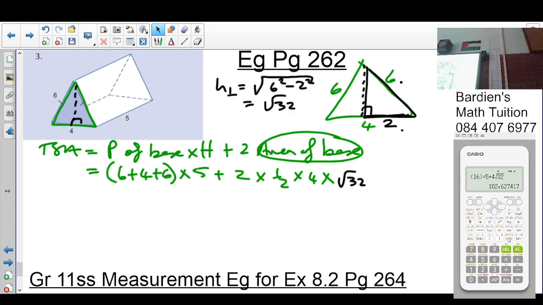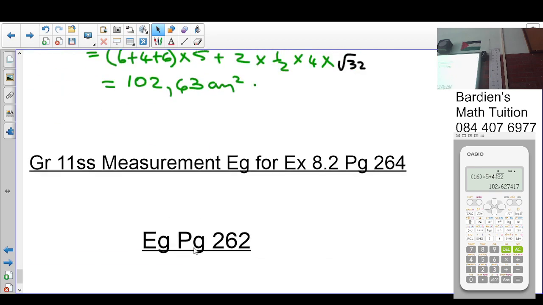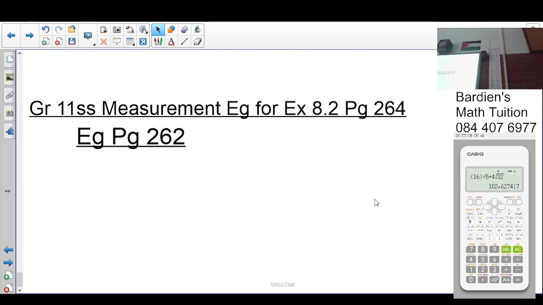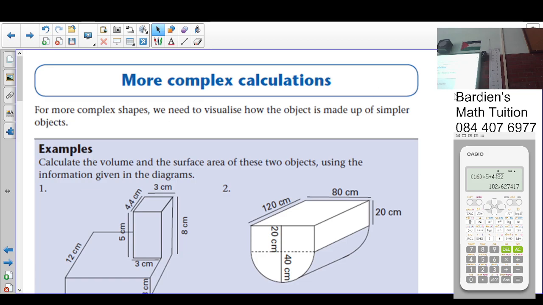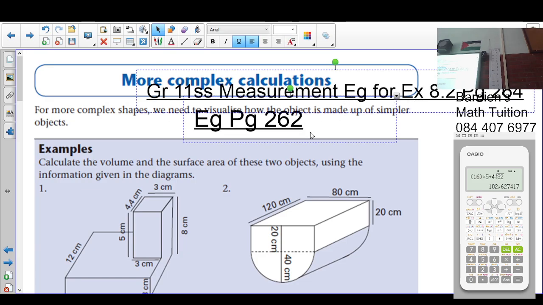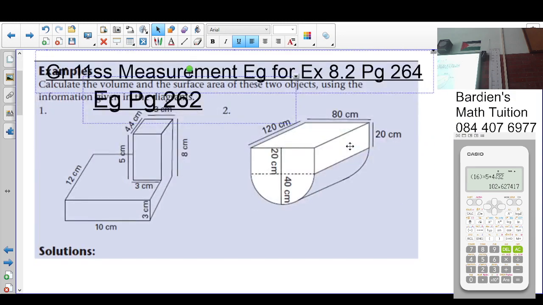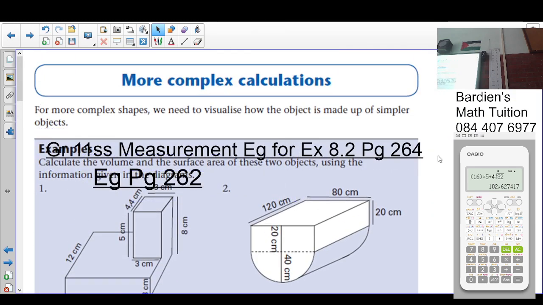Is that correct? Okay, so this is the next part of it. Is that correct? Alright, so we'll stop the video at this point.